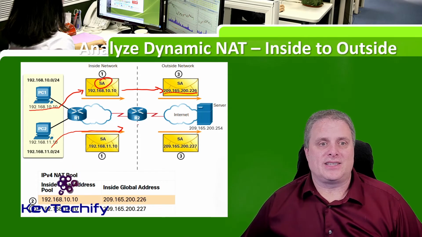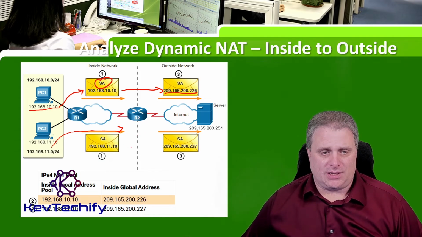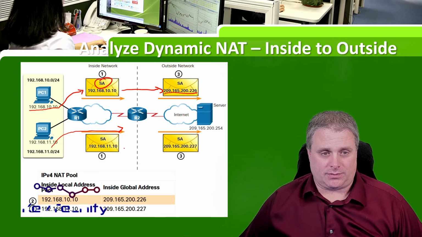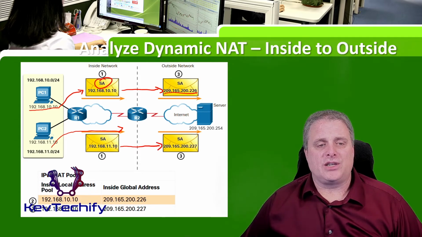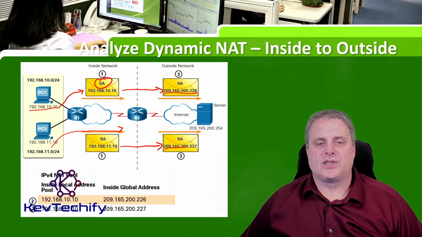R2 gets that in and says, gee, we can't forward a private IP address, so we're going to translate it. We're going to grab the next available IP address from our pool of addresses and assign it to this conversation. We're going to change that source address from a private address to one of our public IP addresses, send it on to the web server, and then that web server will get that request in.